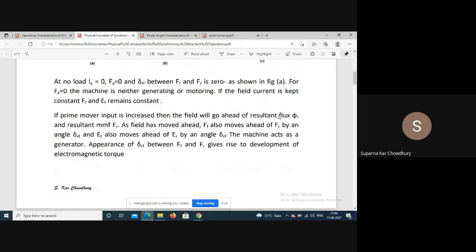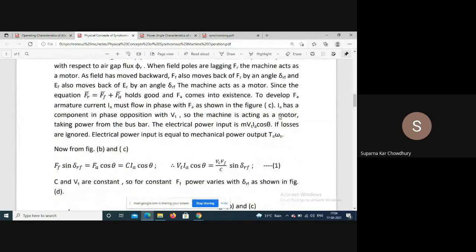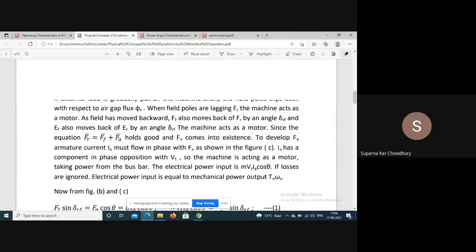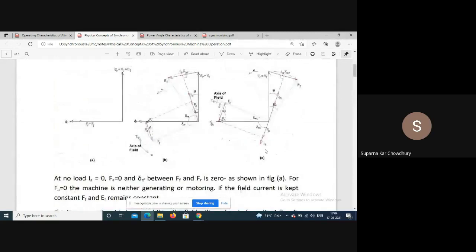Now in both the cases, we have to see what happens if we keep the mechanical load constant, that is the load on the motor, all the prime mover input constant without changing it.